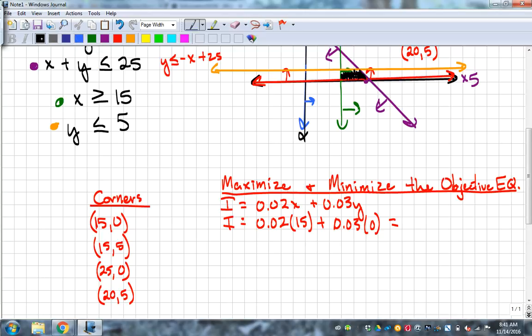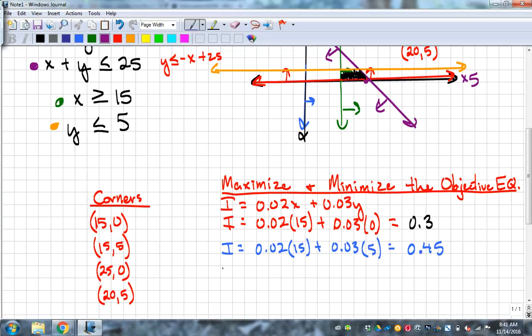Which would be 0.02 times 15, that's 0.3. And then I plug in 15, 5. That's 0.3 plus 0.15, that's 0.45.